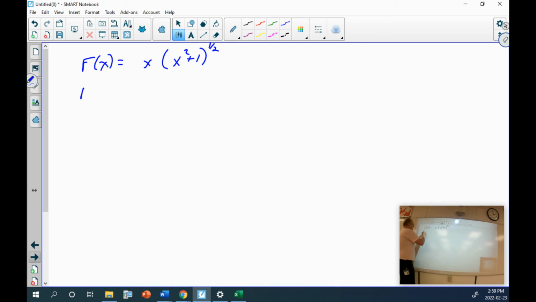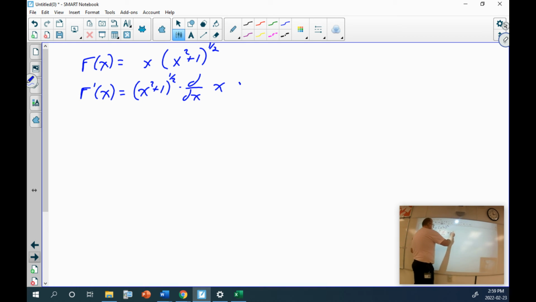So it's going to be x squared plus 1 to 1/2 times the derivative of x, plus x times the derivative of x squared plus 1 to 1/2. I like doing this because it reminds me, hey, you got a chain rule problem here in addition to the product rule problem.